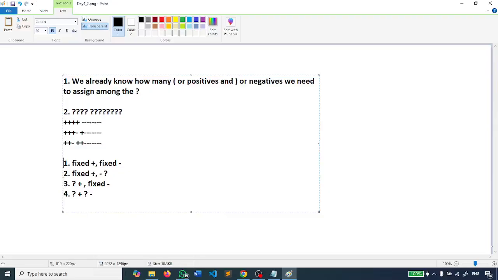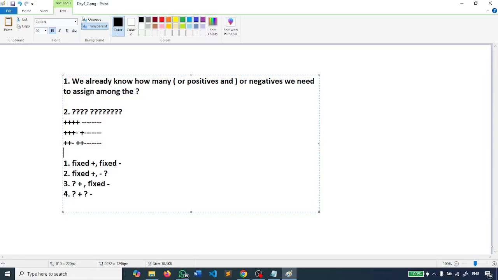So what about case one? For case one, it is not really something we need to worry about, right? Because it's fixed plus with fixed minus.